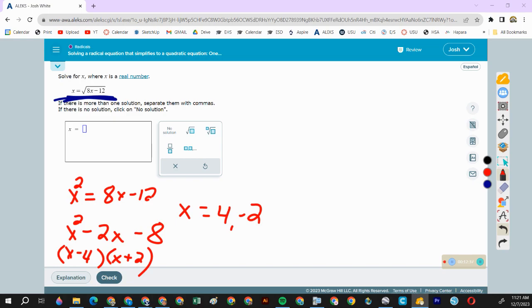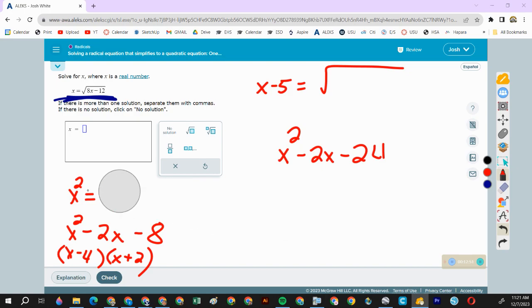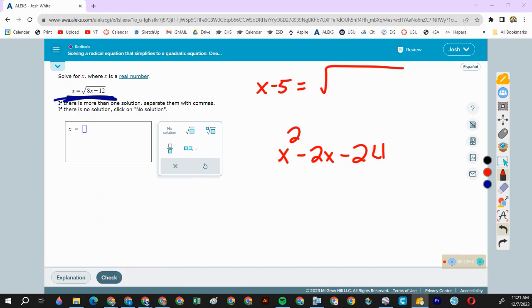Now what if my formula was x minus 5 equals some square root? And then I do the math, and I get x squared, let's say, minus 2x minus 24. How does that factor? x minus 6 and x plus 4.